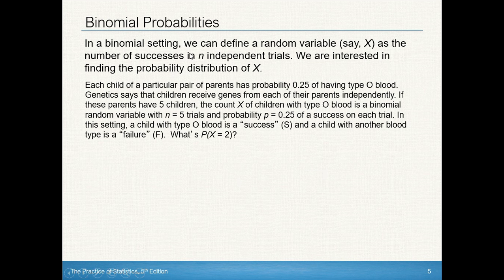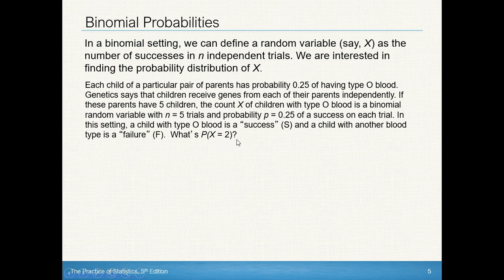Look at this example. Each child of a particular pair of parents has a 25% chance of having type O blood. Genetics says that children receive genes from their parents independently. So if these parents have 5 children, X will be the number of type O blood children they have, with N is 5 children, and an independent probability, a fixed probability of 0.25 each time.